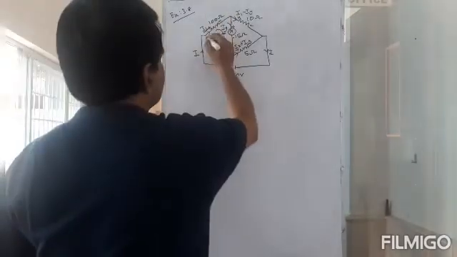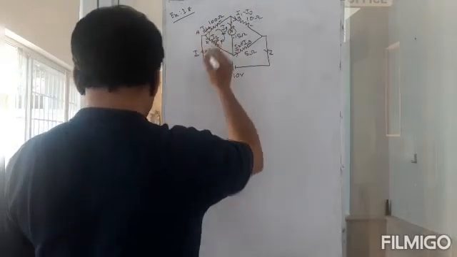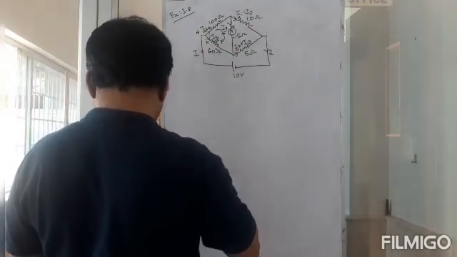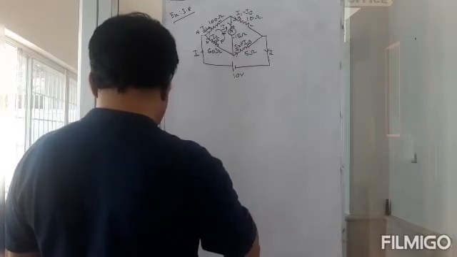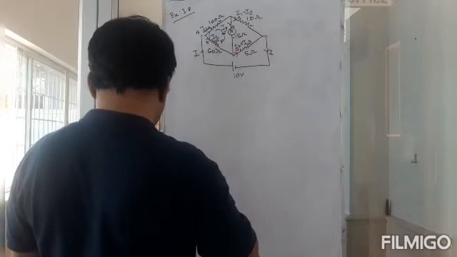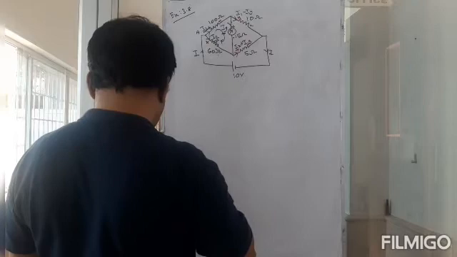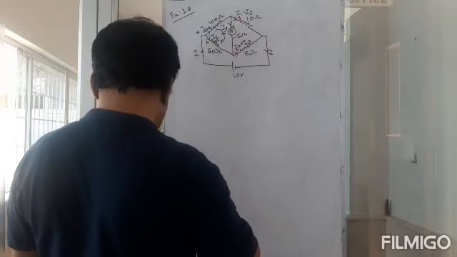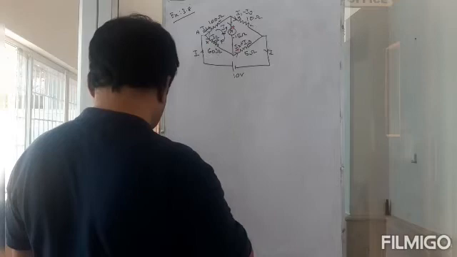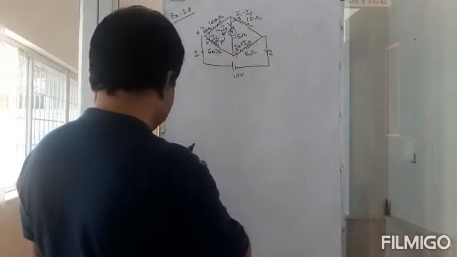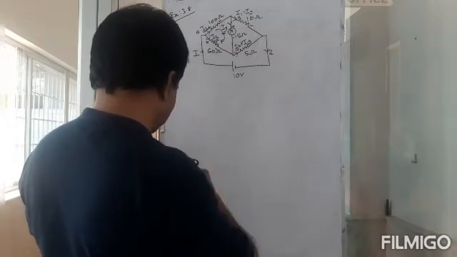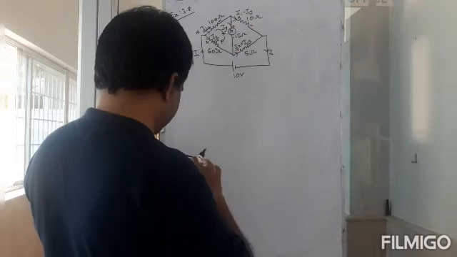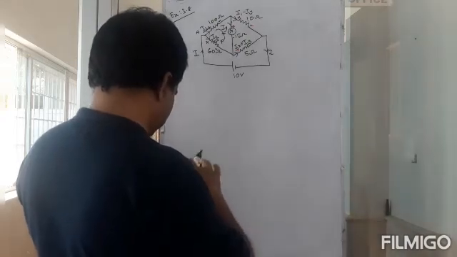I am going to start from here. Let's say this is A. I think I've lost the labels, so I'll label them properly.